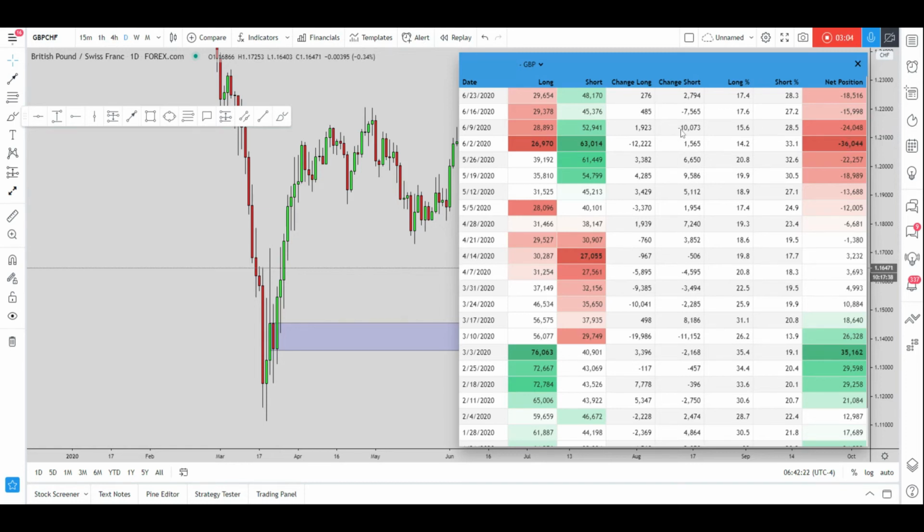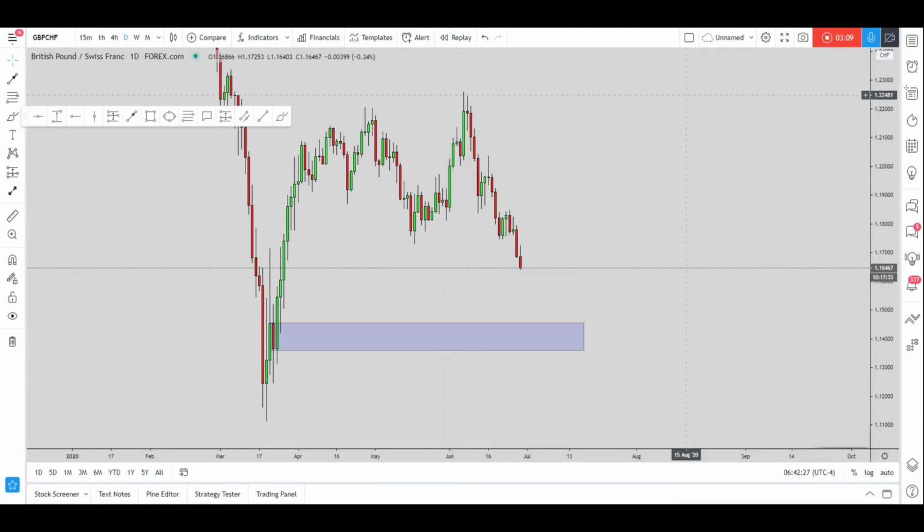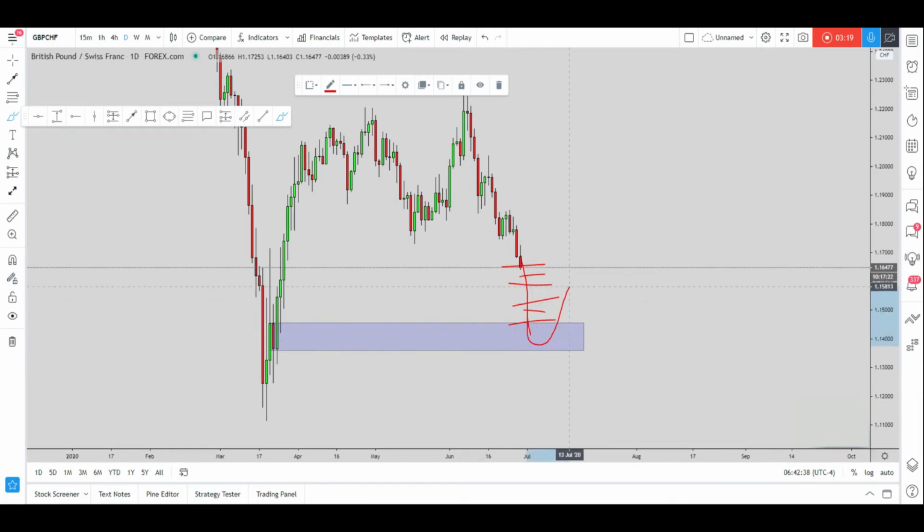So a shifting toward the positive side of GBP. Meaning that in this move to the downside, we're already starting to see the accumulation. So banks and hedge funds open their longs and start to close their shorts, shifting their net positioning to the upside to complete the formation.